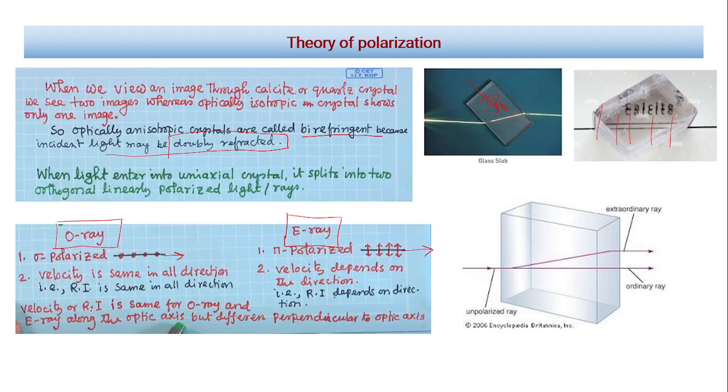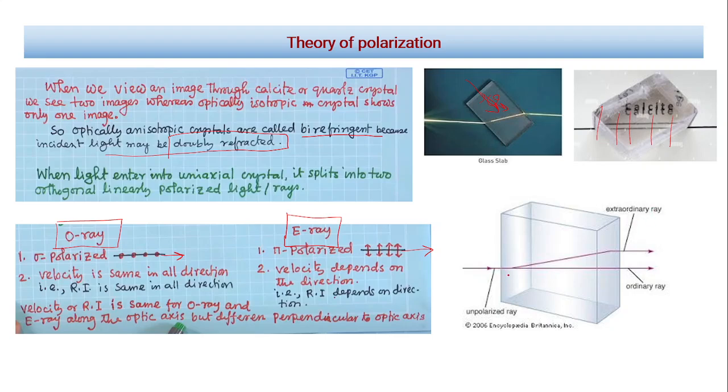Velocity or refractive index is the same for the O ray and E ray along the optic axis. But apart from the optic axis, along any other axis, the O ray and E ray refractive index and thus the velocity is different. Okay, so we are sending unpolarized light, we are getting ordinary ray and extraordinary ray.